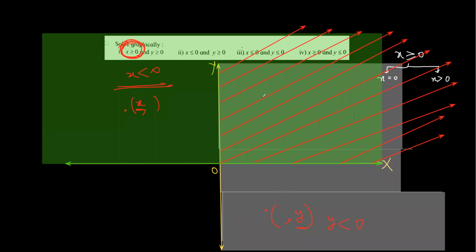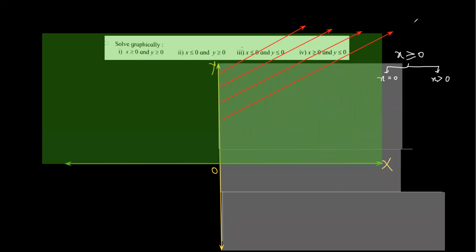I wanted y also greater than 0. So, did you understand, students? I solved one for you. You will solve the rest.